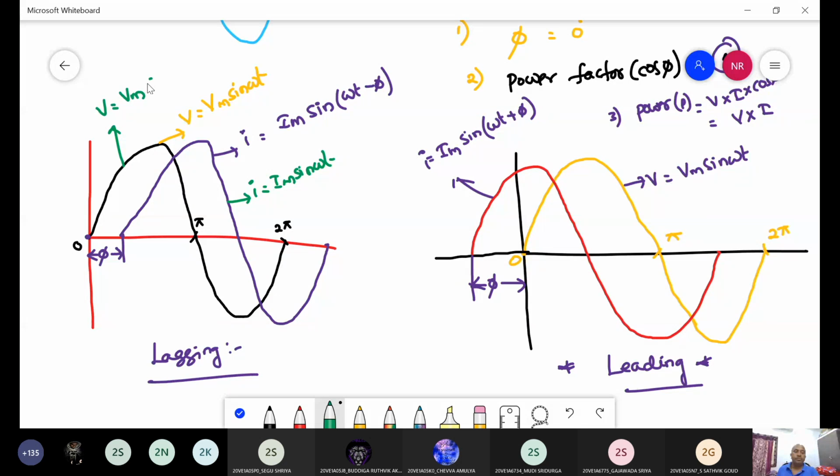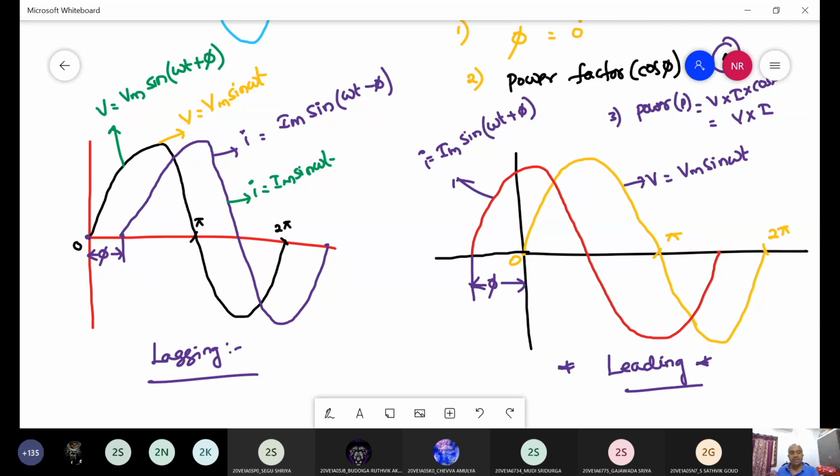That is Vm sine omega t plus phi, right? When we are comparing, it is always which quantity we are considering as a reference and which quantity we are comparing. That is the equation here. So you got my point. What is in phase, what is lagging, what is leading?